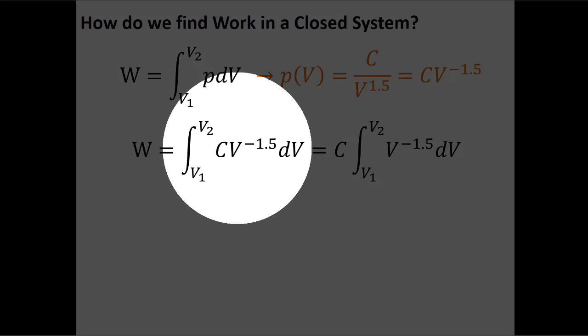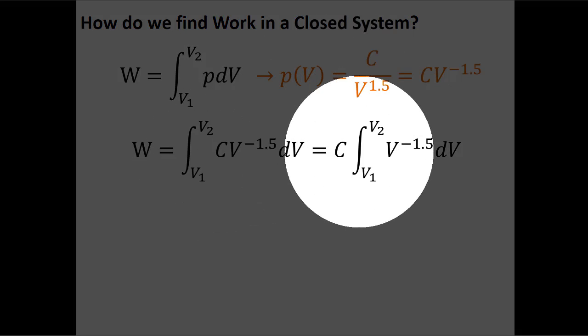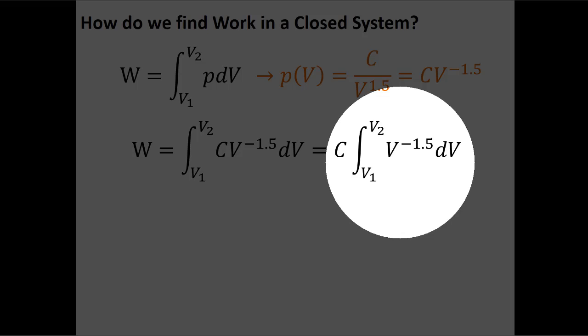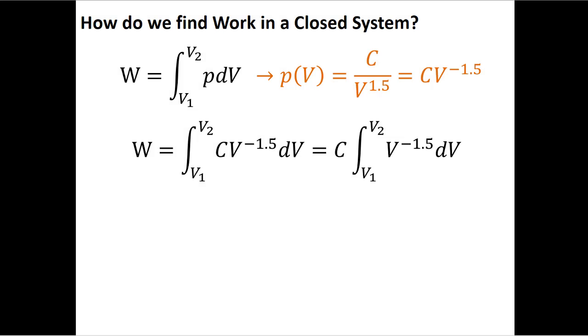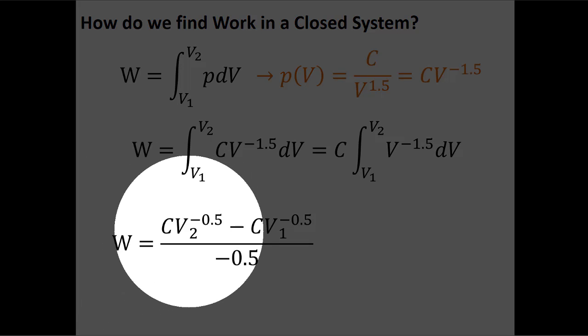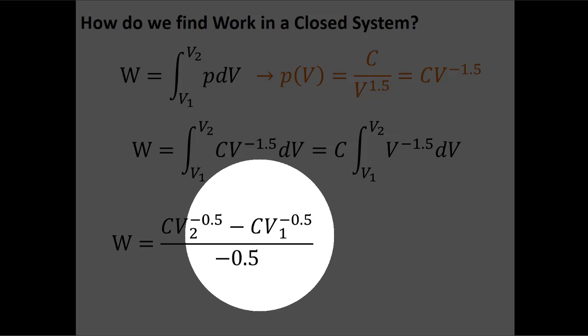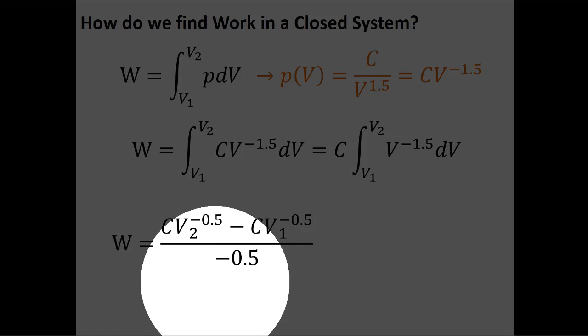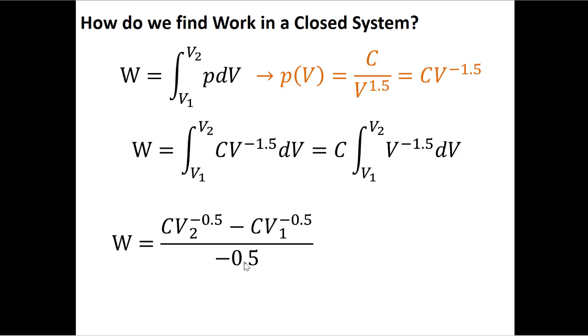I know that C is constant, so I pull it out of my integral, and I see that work is equal to C times the integral from V1 to V2 of V to the negative 1.5 dV. I can integrate here, and after I do that, I see that C times V2 to the power of negative 0.5 minus C times V1 to the power of negative 0.5, divided by negative 0.5, is equal to work.